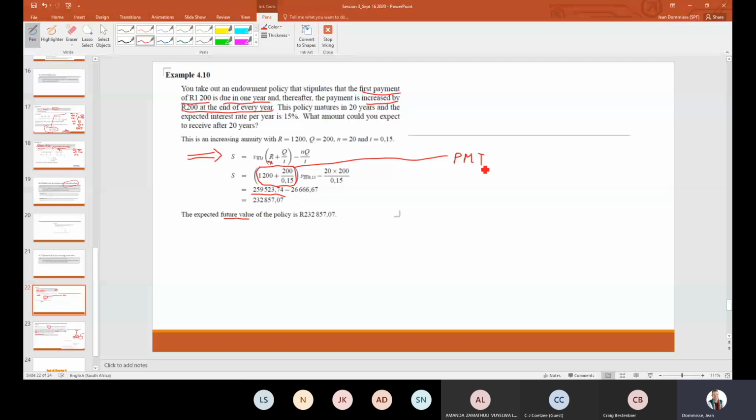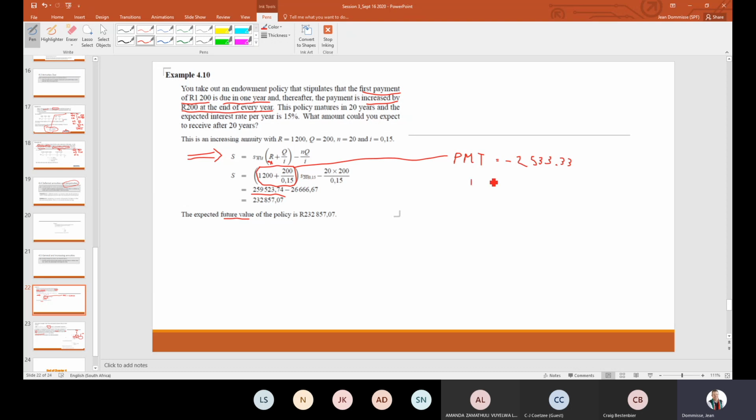That will give you 1,333 Rand. Add the 1,200 to that, so your PMT will be the minus 2533.33. And so that is your PMT.